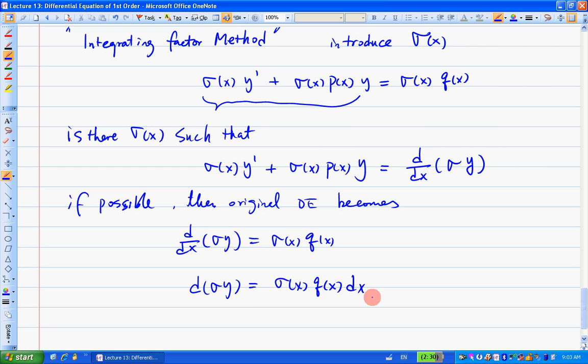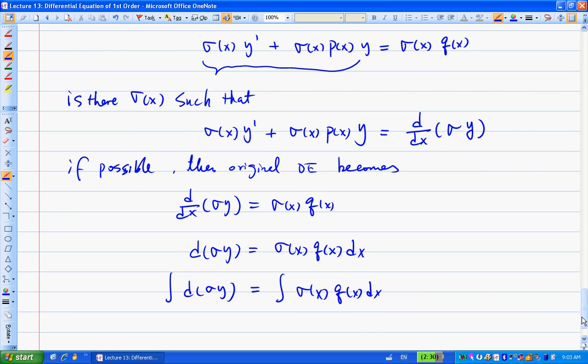And why is this better? Because now I can integrate.